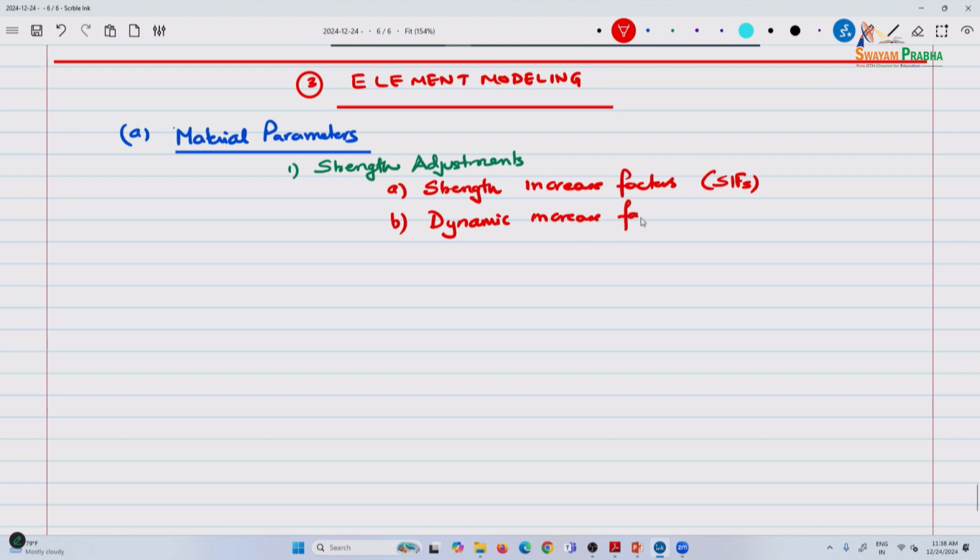The dynamic increase factors, or DIFs, account for the effect of strain rate, as we were discussing over the break.